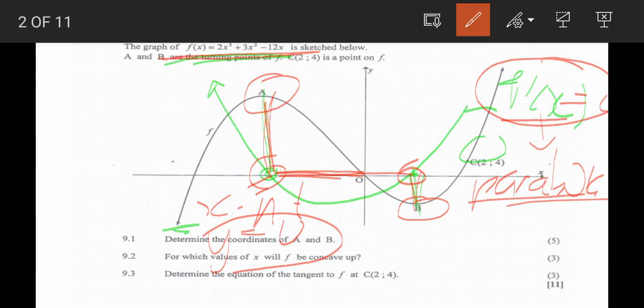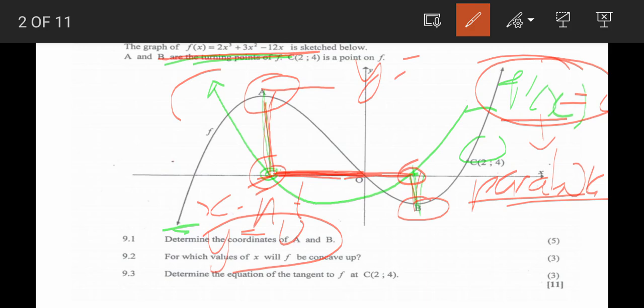Then we substitute the x-coordinate to get the y-coordinate of the cubic function. So we only use f prime x to get the x-coordinates.